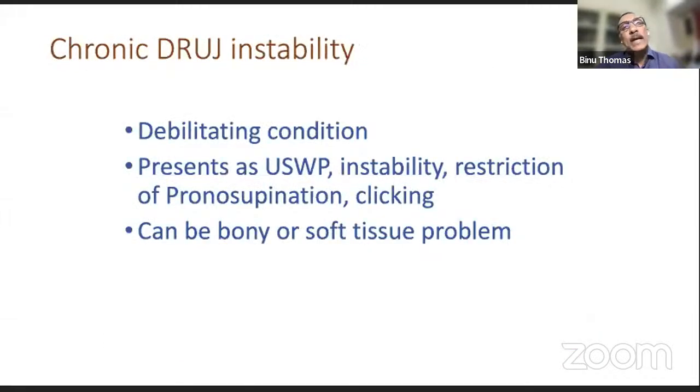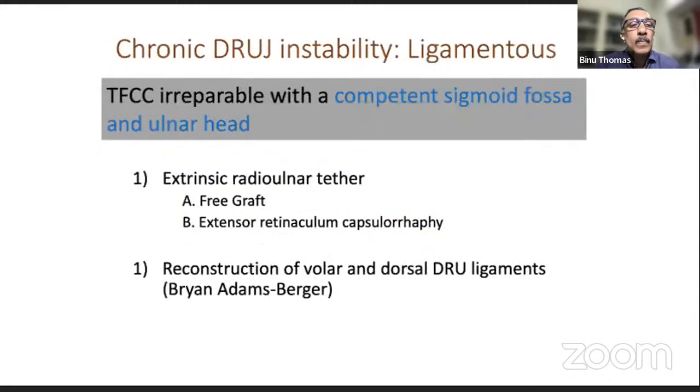Now, when the distal radioulnar joint is chronically unstable, it's a very debilitating condition, presents us with all those clinical features I mentioned before, and again can be due to a bony or a soft tissue problem. The chronic distal radioulnar joint instabilities, when they are ligamentous, what do you do?